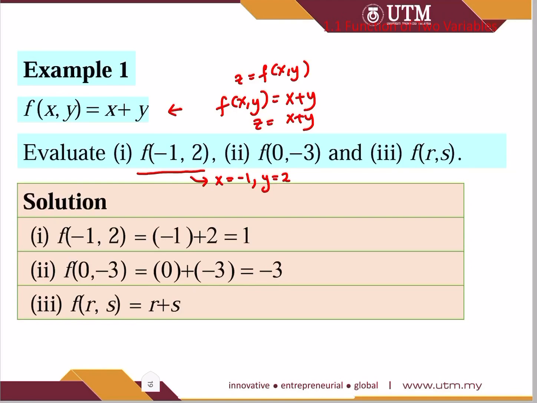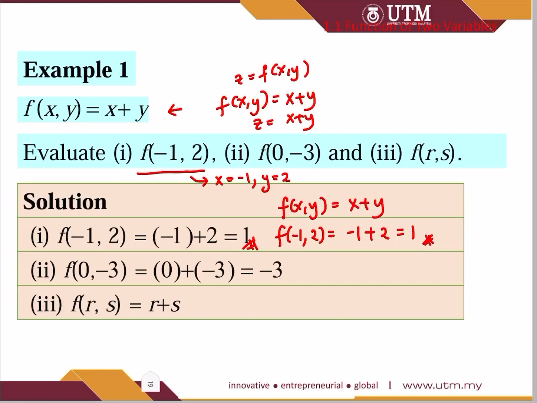Just now we had f(x, y) equal to x plus y, isn't it? So for f(-1, 2), we just replace x with minus 1 and y with 2, so we will obtain 1.